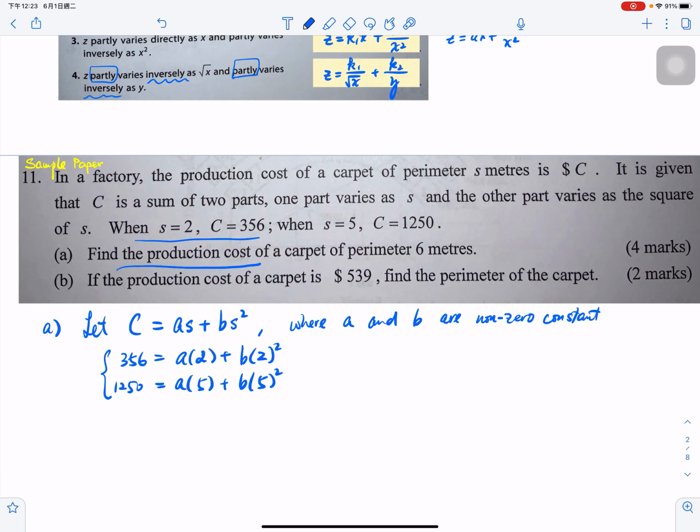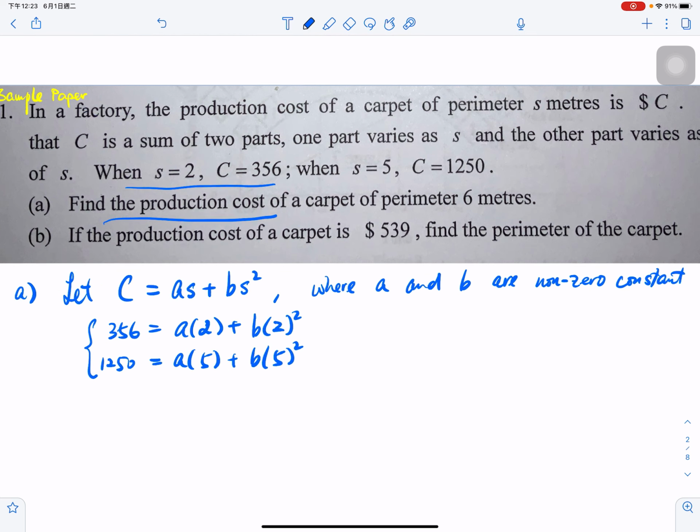If you solve these two, that means 2A and then 4B equals 356, and 5A plus 25B equals 1250.